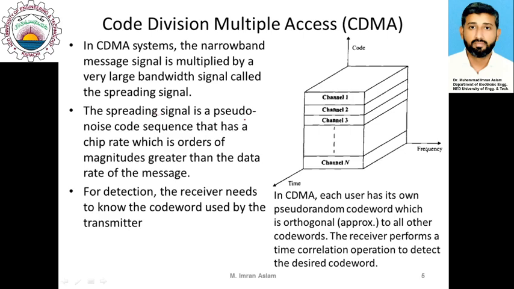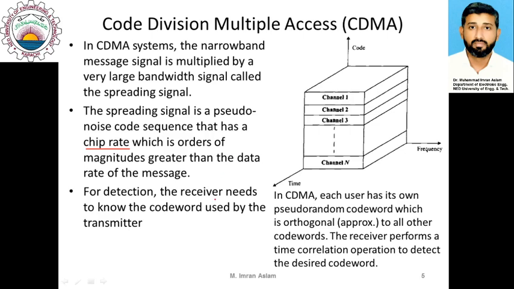This spreading sequence is basically a pseudo noise code which has a chip rate an order of magnitude greater than the data rate of the message, and because it has a very high rate, it occupies a larger bandwidth compared to the narrowband message signal.